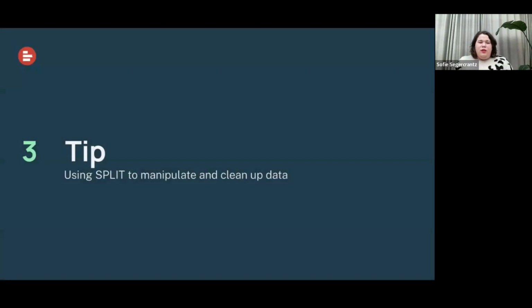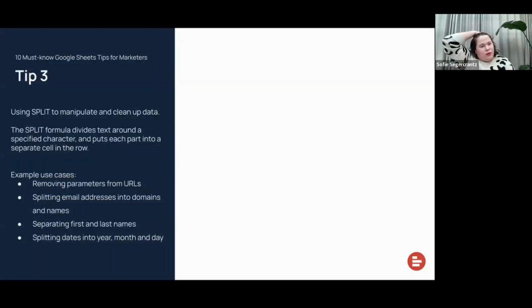Then moving on to our third tip, which is using a split function to manipulate and clean up data. Sometimes when we pull data from web analytics, ad platforms, any kind of data platform, the data is either in the wrong format or a bit messy.